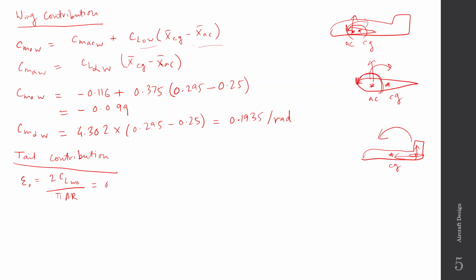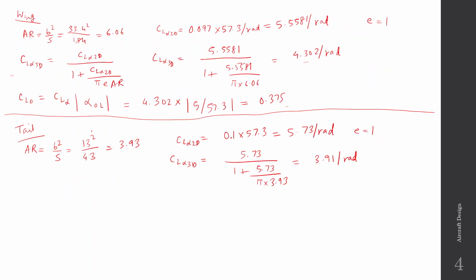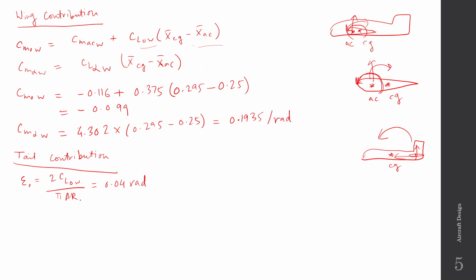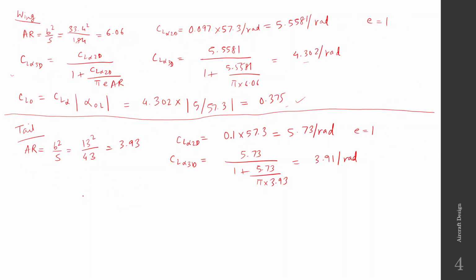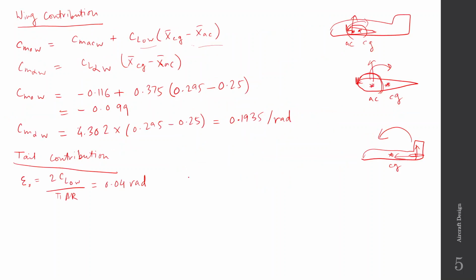So this comes out to 0.04 radian. All these things you know. So this will be CL naught wing, which is 0.375, and the aspect ratio of the wing, which you also know, is 6.06.